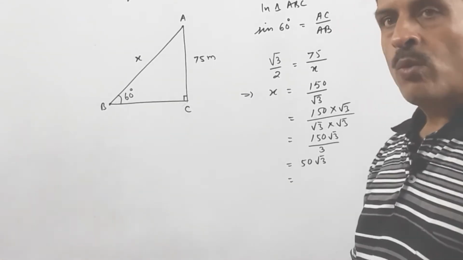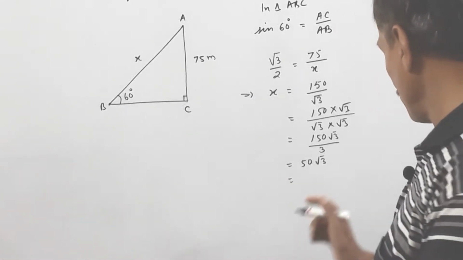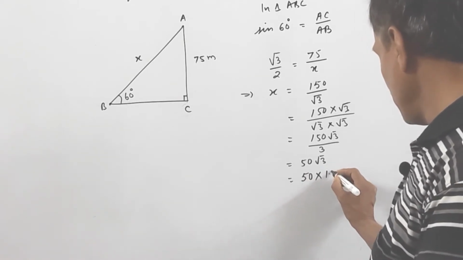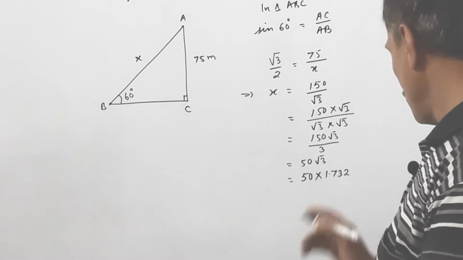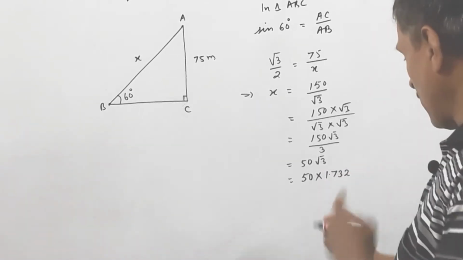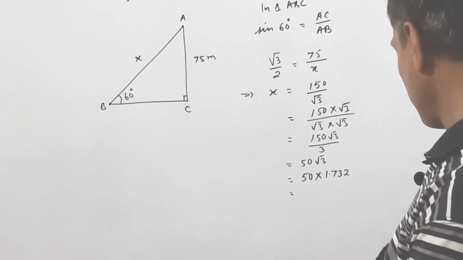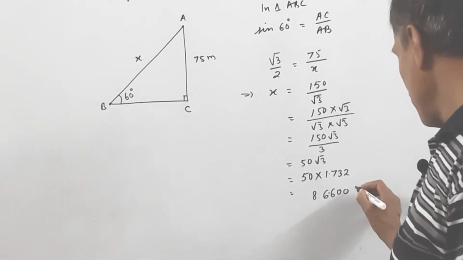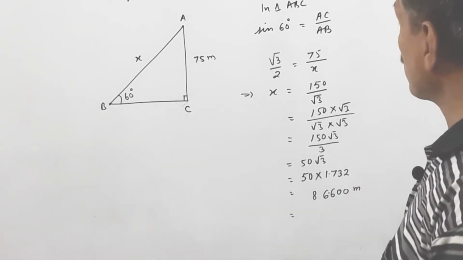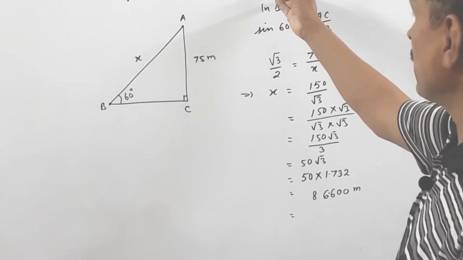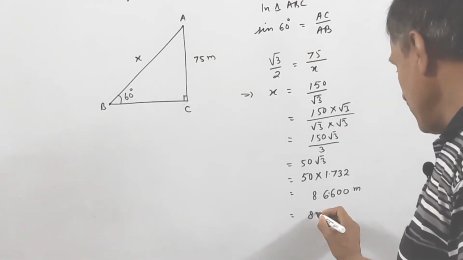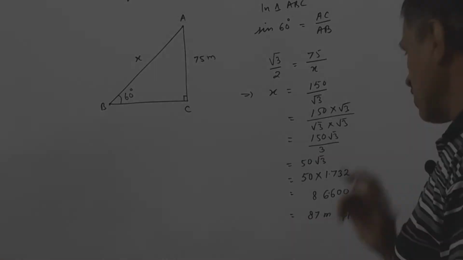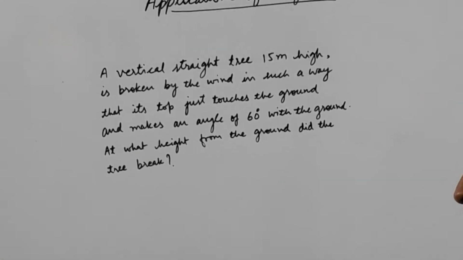The value of root 3 is 1.732, so we replace it. Now we multiply. On multiplication we get 86.6 meters, or we have to find the length to the nearest meter. So it is 87 meters approximately.